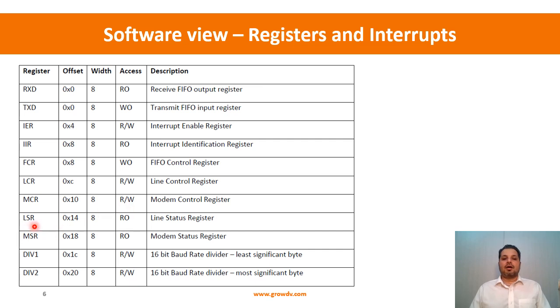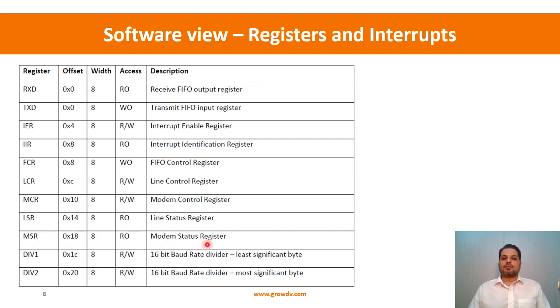And then we have the line status register at offset hex 14, 8 bits, read only register. The line status register is again an important register for us. We will look into it in a little more detail. It tells us whether the data is transmitted, received, or whether we have some errors in our reception. All those types of status information are provided through the line status register.